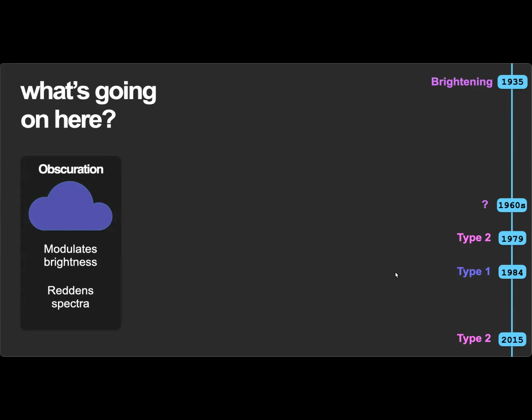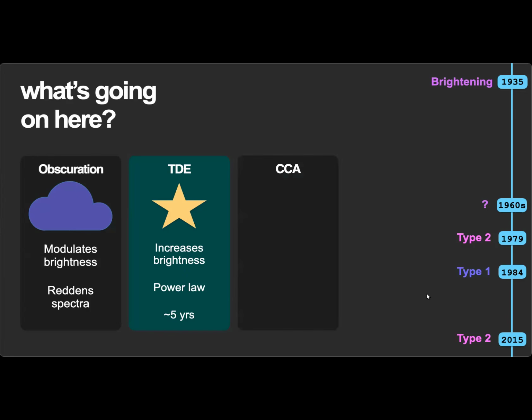So we know that this is not what's happening because we can measure the Balmer decrement of the spectra at every epoch, which is a proxy for dust. We can also have a tidal disruption event, increases the brightness, but has a fairly characteristic shape of the decline and shouldn't really take more than 5 years. We've got this kind of 120-year variability cycle, so that also seems fairly unlikely.